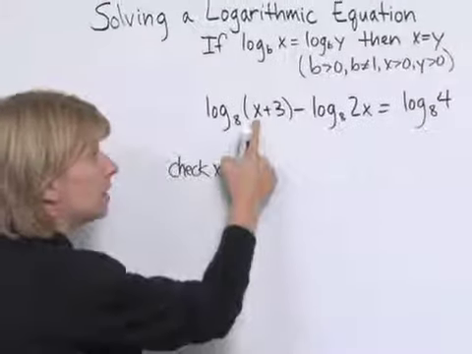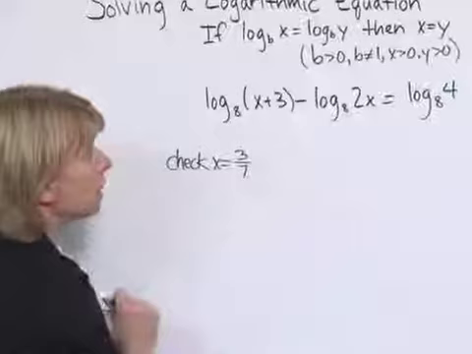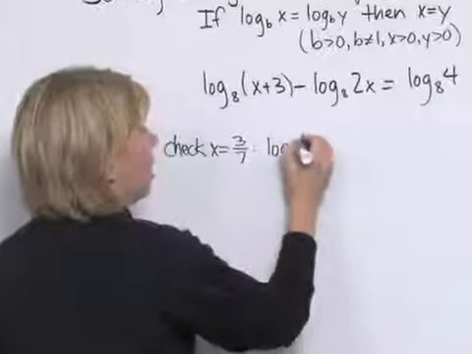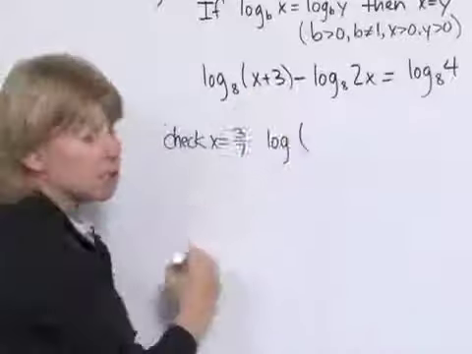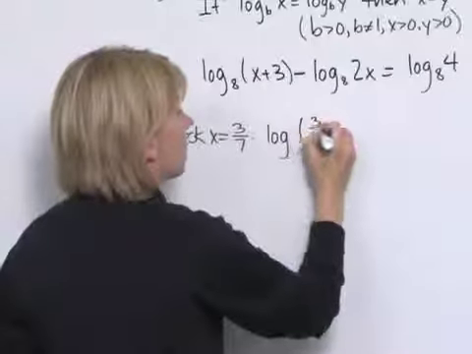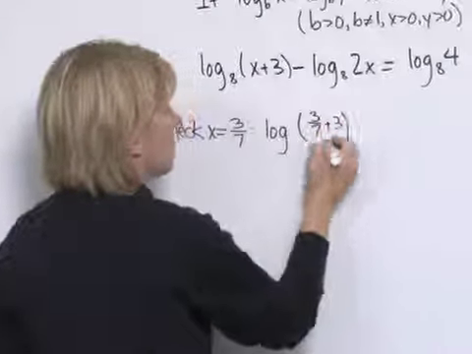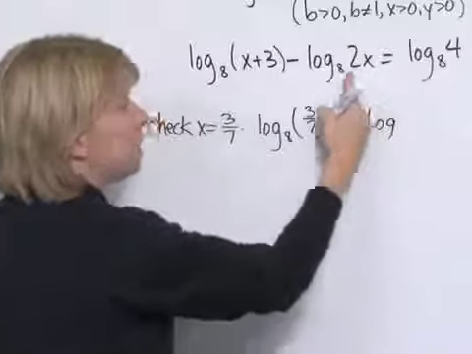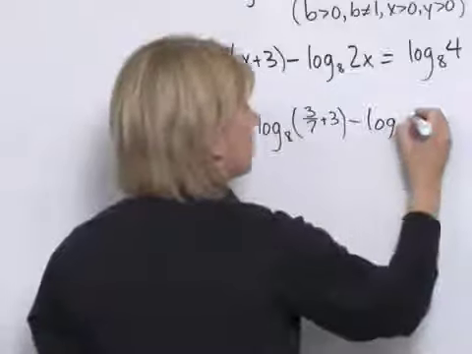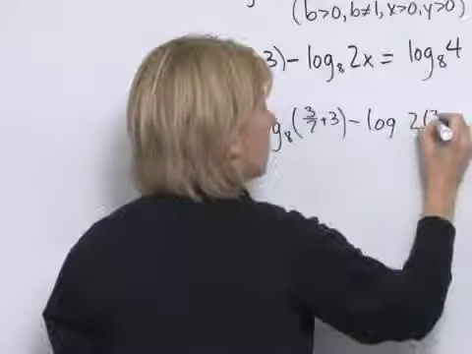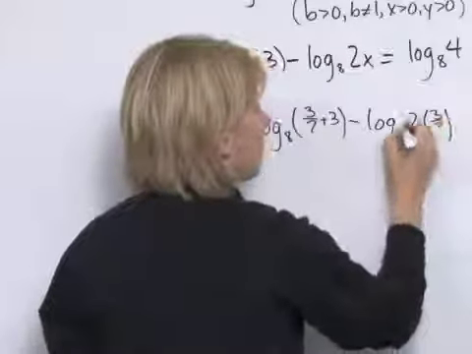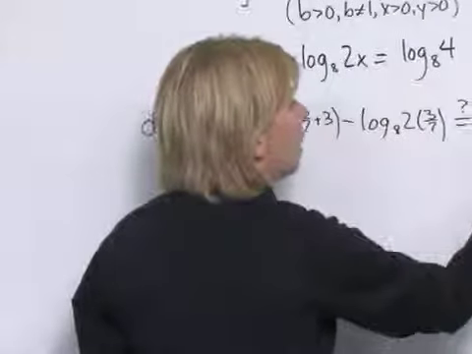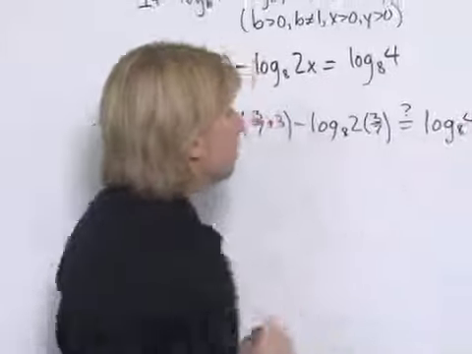So putting in 3/7 for the x's in my original equation, I have the log of 3/7 plus 3 base 8 minus the log of 2 times 3/7 base 8. Will that equal the log of 4 base 8?